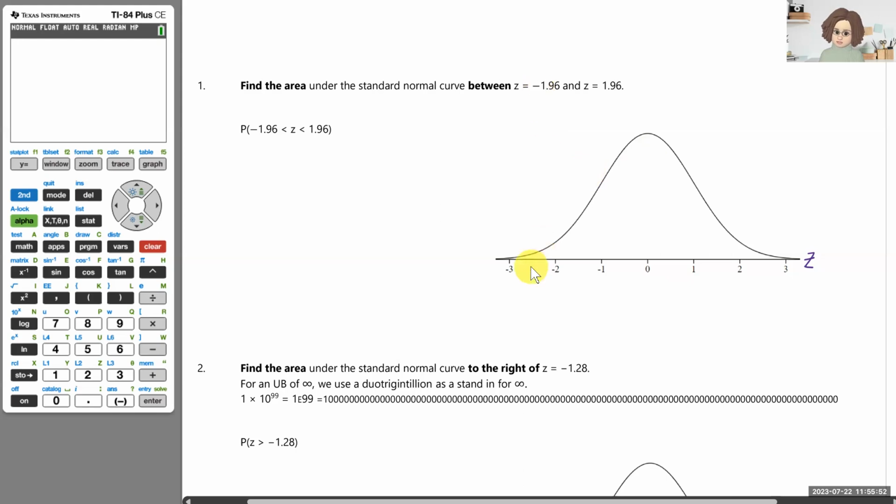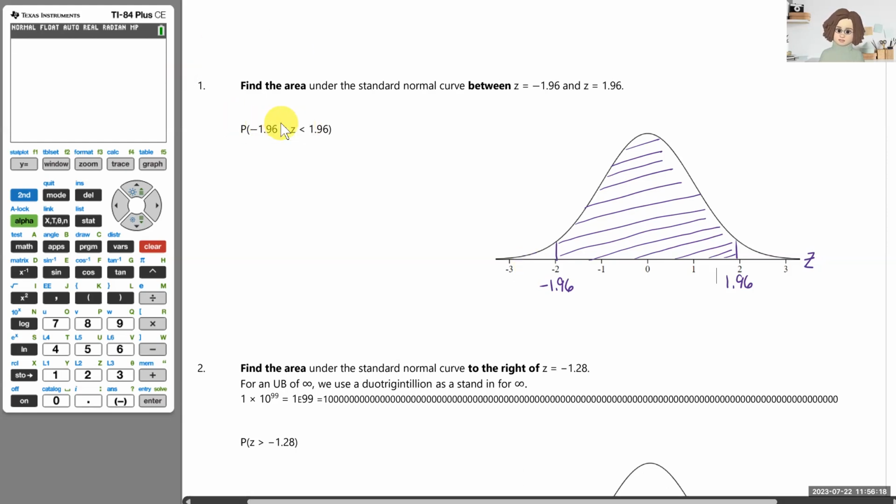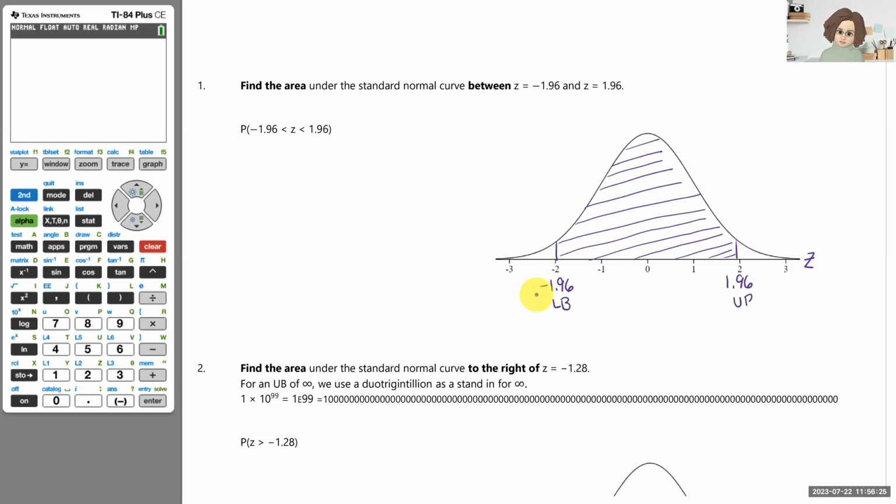And then we will just estimate there, negative 1.96 is awfully close to negative 2, and 1.96 almost at 2. So the area that we're seeking is the area between those 2 values, or equivalently, we could say, what is the probability of a z-score being between those 2 values? So the area is defined by its lower bound and upper bound.